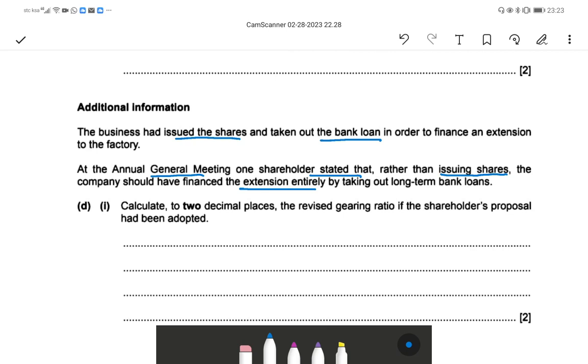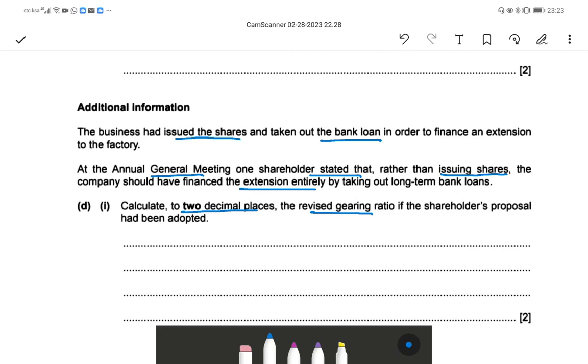Calculate to 2 decimal places the revised gearing ratio if the shareholders' proposal had been adopted.